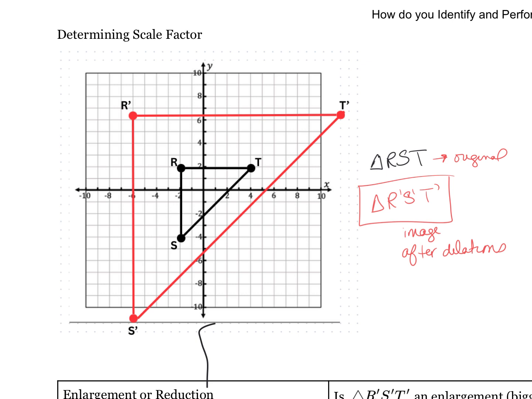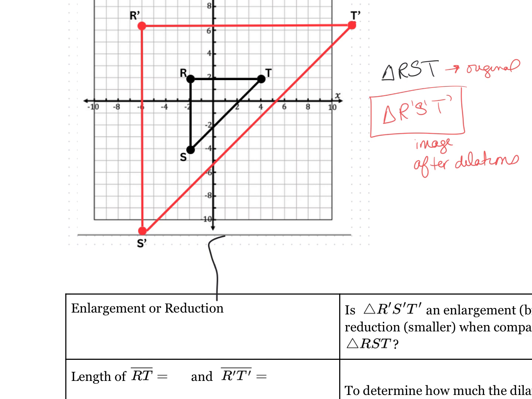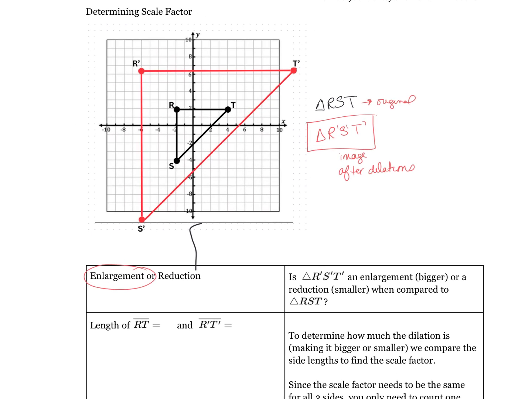So you can see here that my original figure is smaller than triangle R prime S prime T prime. So the fact that it got bigger tells me that it is an enlargement. And we can ask the question, is my image, triangle R prime S prime T prime, an enlargement or a reduction when compared to my original? Obviously, it is bigger, so it is an enlargement.